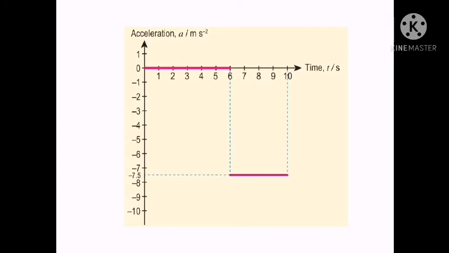Then I'm going to plot my acceleration versus time graph. The acceleration was 0 meter per second square from 0 second to 6 second, and negative 7.5 meter per second square from 6 to 10 second. When you want to sketch a graph, all these dotted lines you need to include in your sketches.